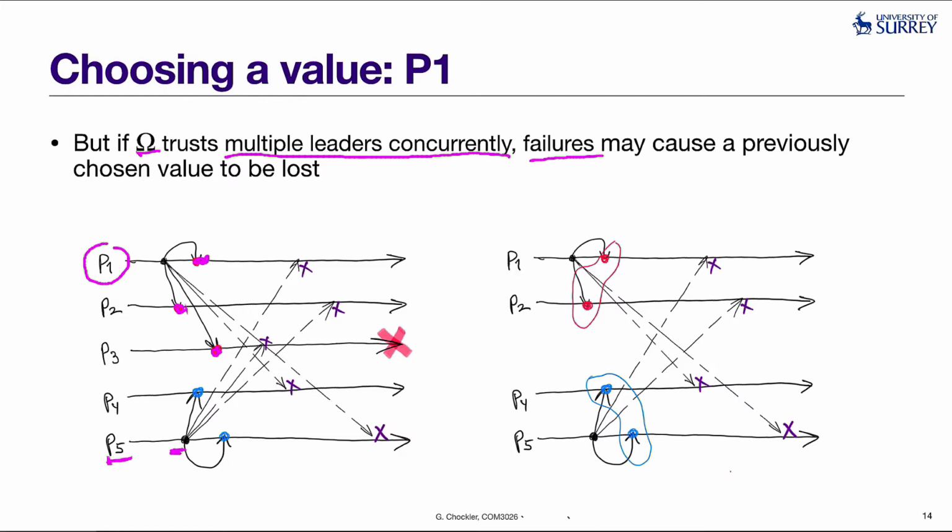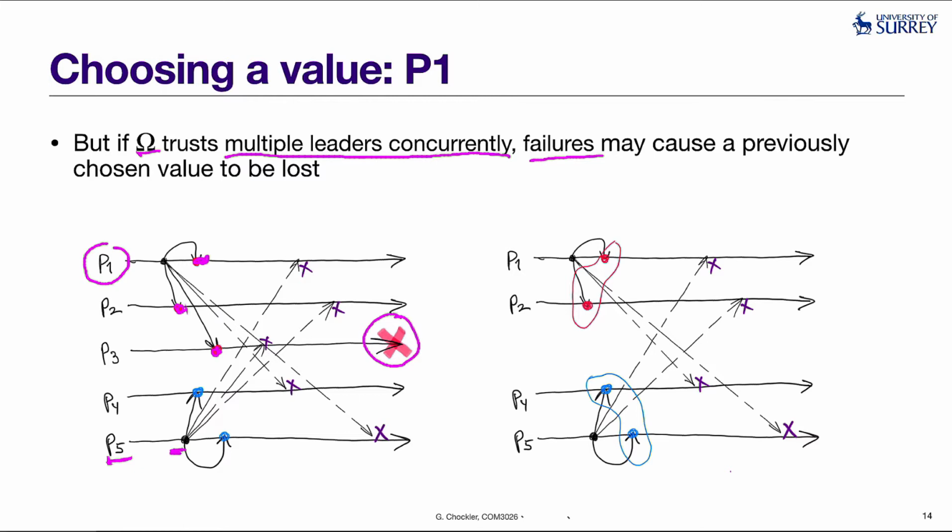Okay, so we need to ensure that this value survives. But what could happen is that P3 may actually fail here. Okay, so you see the situation here. So P3 fails, so say disappears from the system, and now we have something like that.